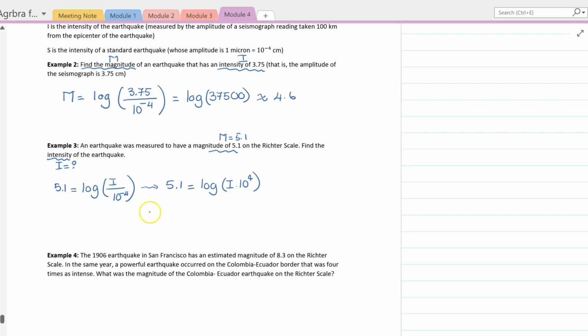Using the definition of log, 10 to the 5.1 equals 10 to the 4 times I. So I equals 10 to the 1.1, which is about 12.6. That is the intensity of the earthquake.